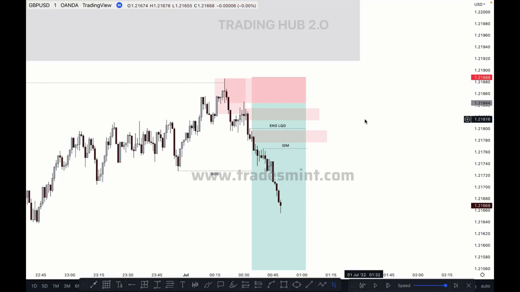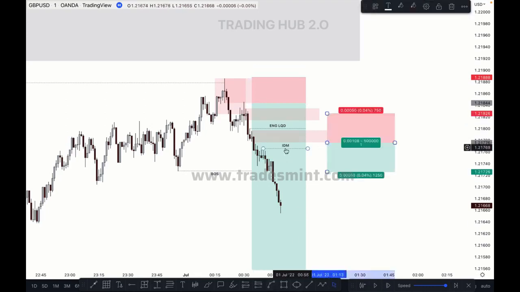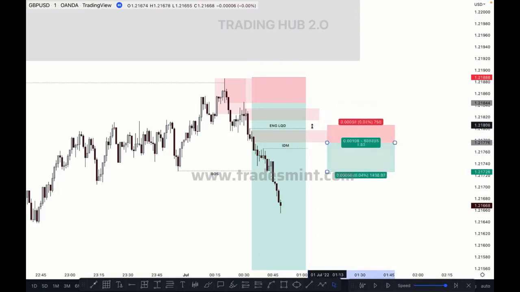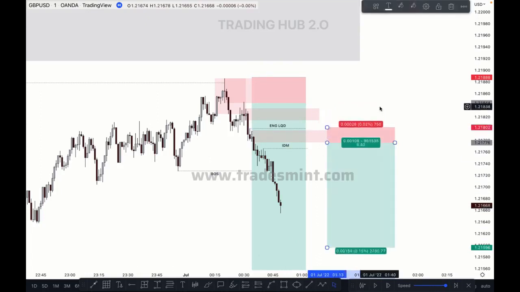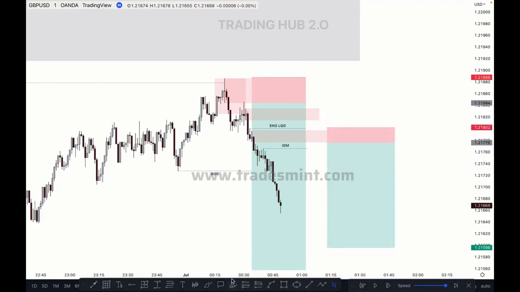So in this case, where and how can we sell? In this type of situation, you have to wait for the candle confirmation entry. Let me show you exactly. If you try to sell here, saying this is inducement, and put the stop loss just above it, then what happens? You are taking a 50-50% chance risk.